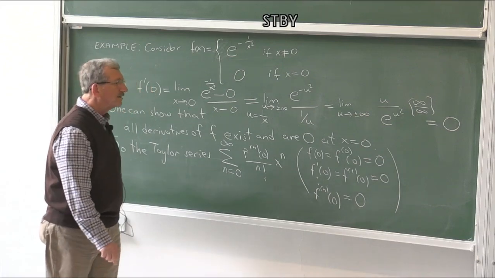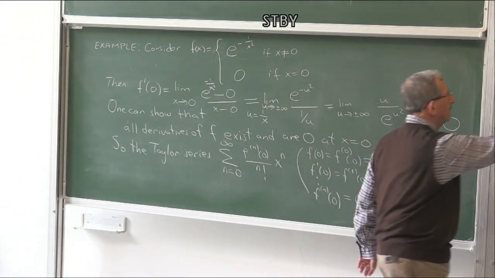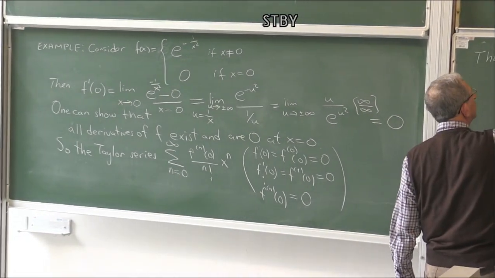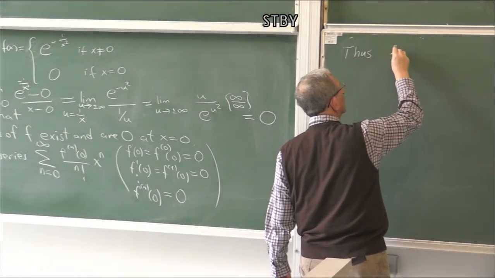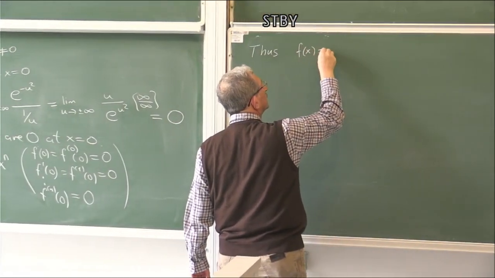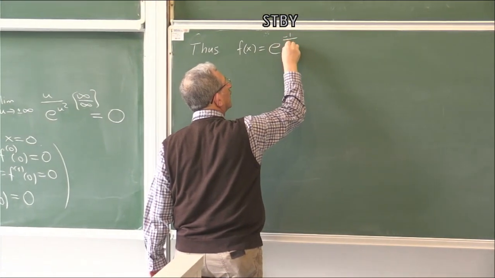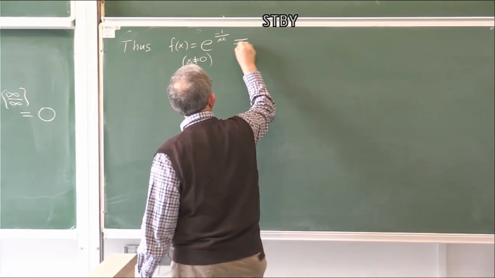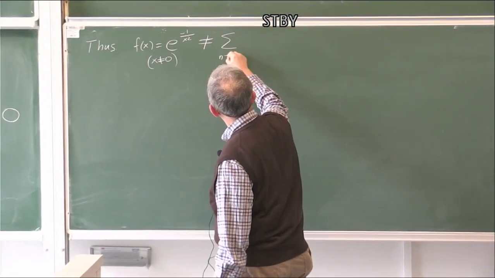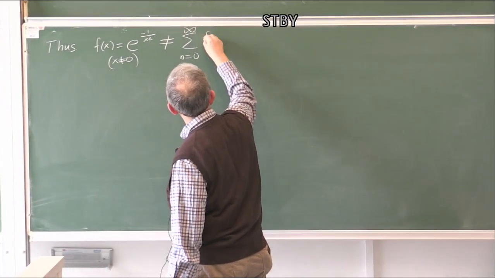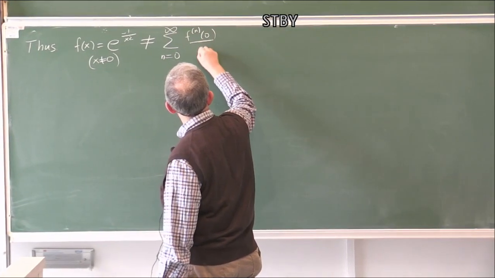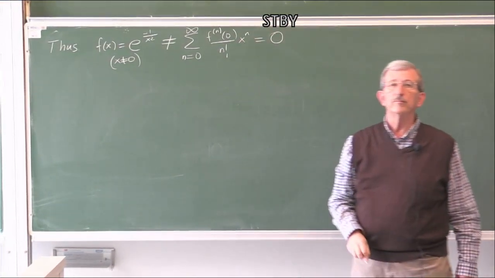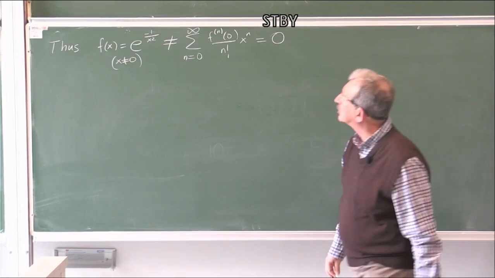So this tells us that f of x, which happens to be e to the minus 1 over x squared for x not 0, is not this series, which happens to be 0, because all terms are zeros in it.